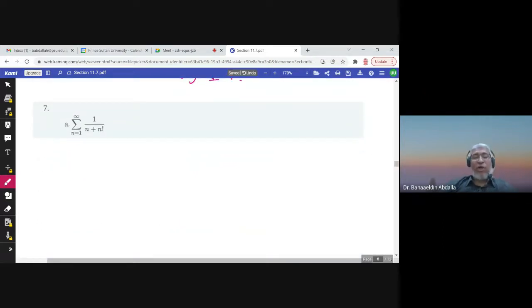Well, if you look here at this series, I have 1 over n plus n factorial. If I take bn = 1 over n factorial, this series is absolutely convergent by the ratio test.